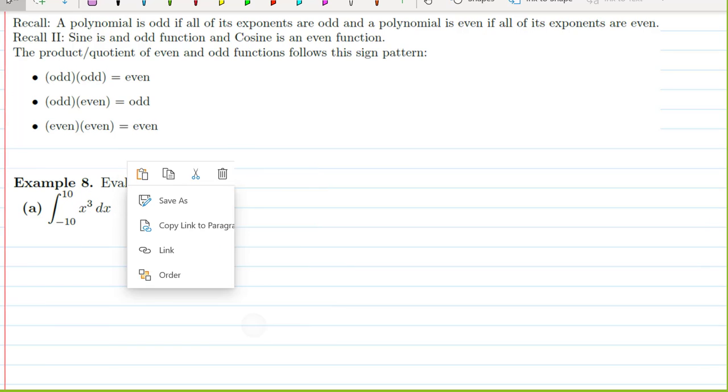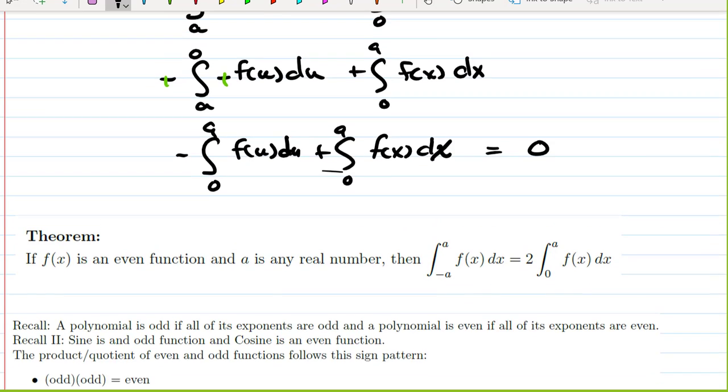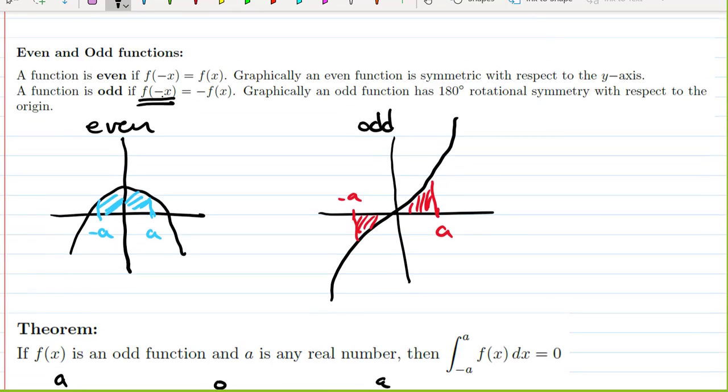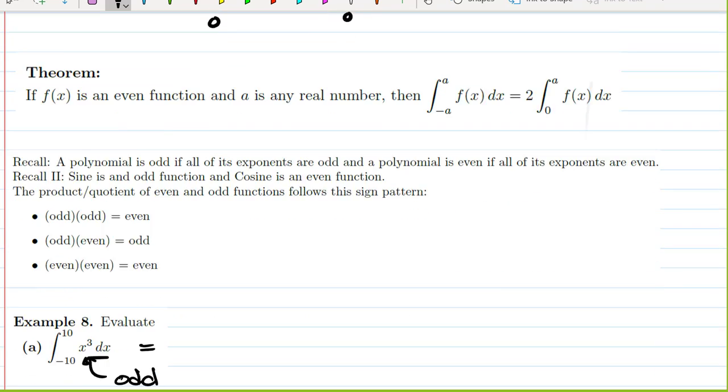So example 8 says, evaluate the integral from negative 10 to 10 of x cubed dx. Well, x cubed is an odd function from negative 10 to 10. So according to our theorem, the integral of an odd function on a symmetric interval is 0.